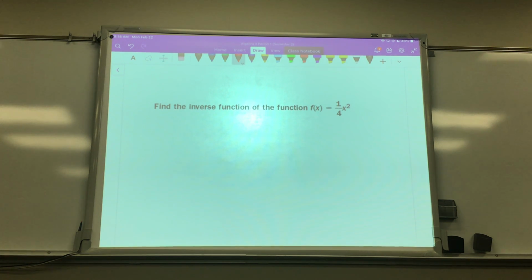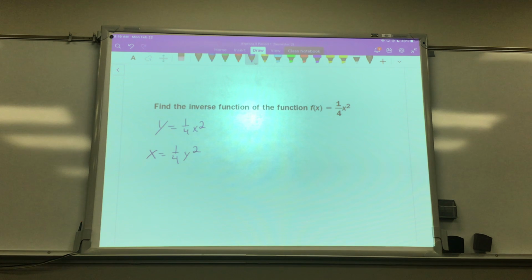Alright, so I got y equals 1/4 x squared, right? Flip flopping that x and y. Okay, so I saw some mistakes. How do I get rid of that 1/4? There's quite a few people here that made a mistake here. You divide by 1/4, right?